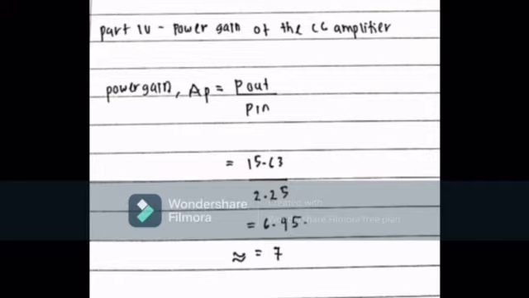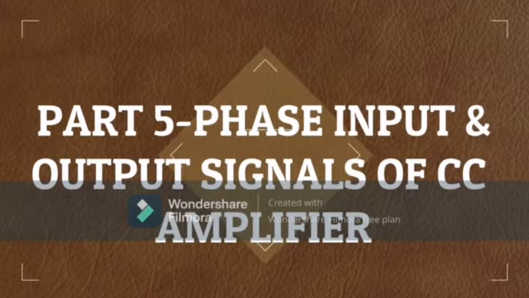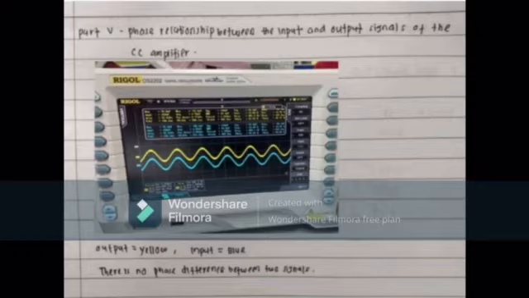So we get the answer 6.95, and we can conclude that our actual answer and our final answer is 7. For part 5, the phase relationship between the input and output signal of the CC amplifier.